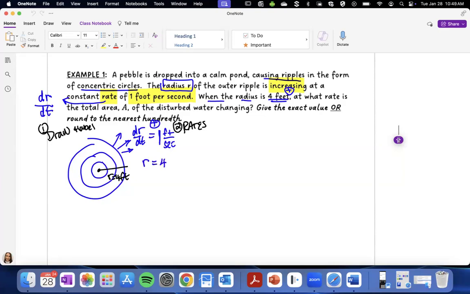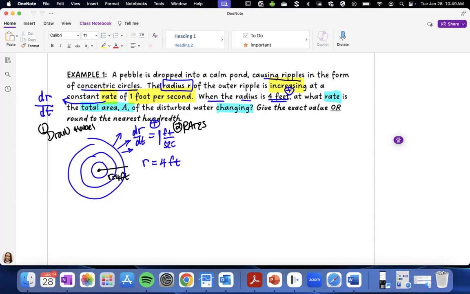And I also want to know, what am I asked to find? Do you guys know what they're asking me to find here? At what rate is the total area changing? Can anybody tell me what variable I'm asked to find?